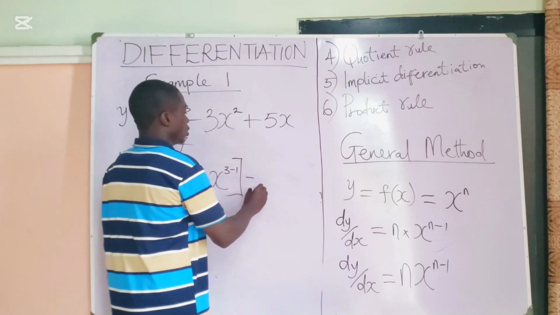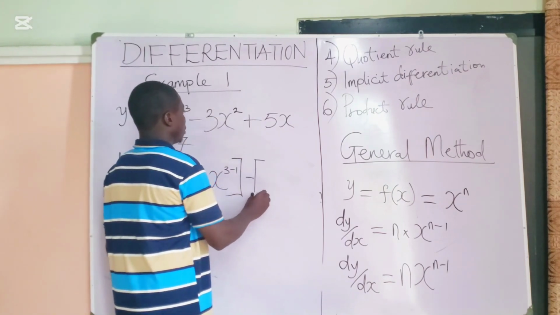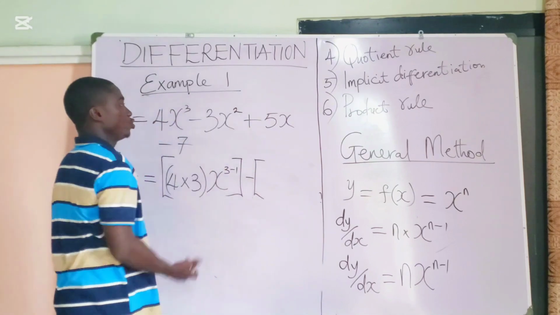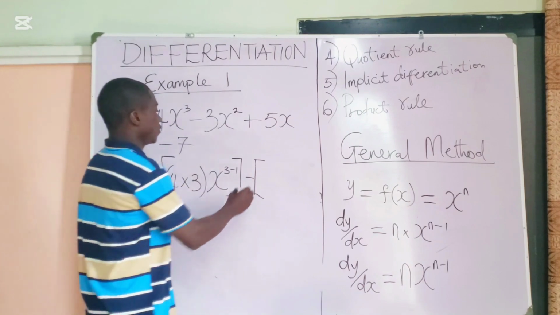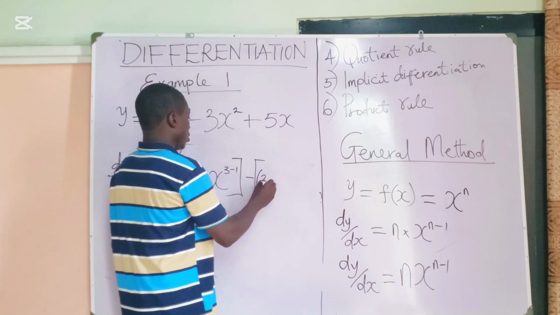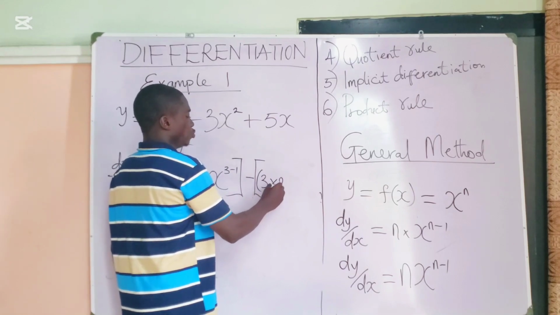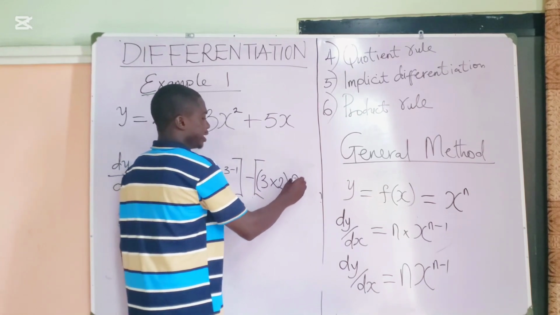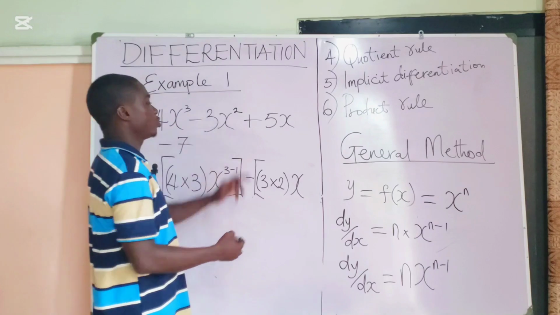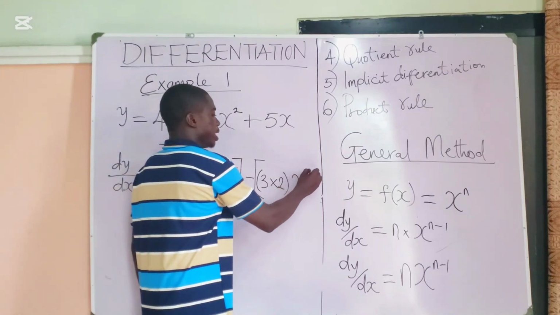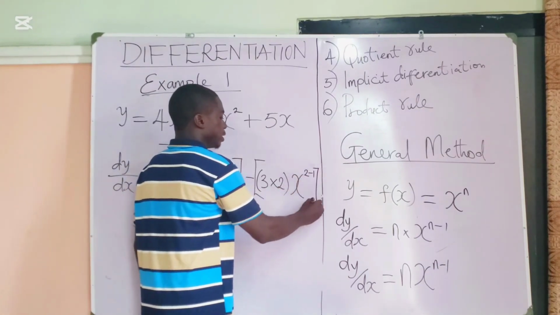And then minus, for 3x raised to the power 2, we have 3 multiplied by 2, you attach x and then subtract 1 from the power, so we have 2 minus 1.